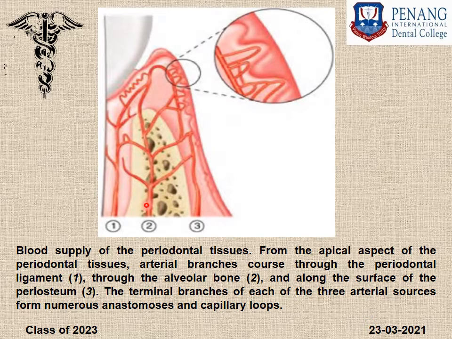So to reiterate again, one is through the arterial branches which go through the periodontal ligament, the second one is through the alveolar bone, and the third one is along the surface of the periodontium. The terminal branches of each of these 3 arterial sources form numerous anastomoses and capillary loops like this.